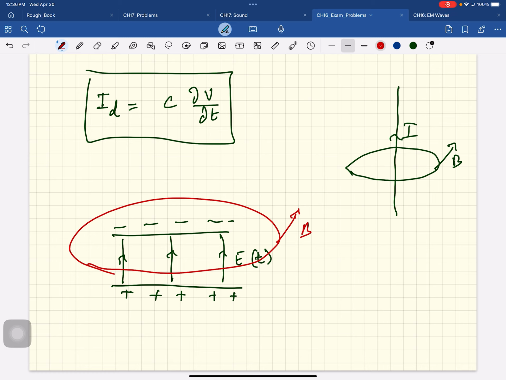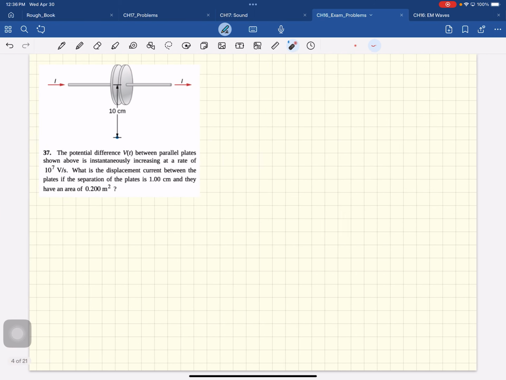Once the capacitor is fully charged, what happens to the magnetic field? It goes to zero. Once this is fully charged, this displacement current goes to zero, and the magnetic field goes to zero. Okay? So that's what's happening.